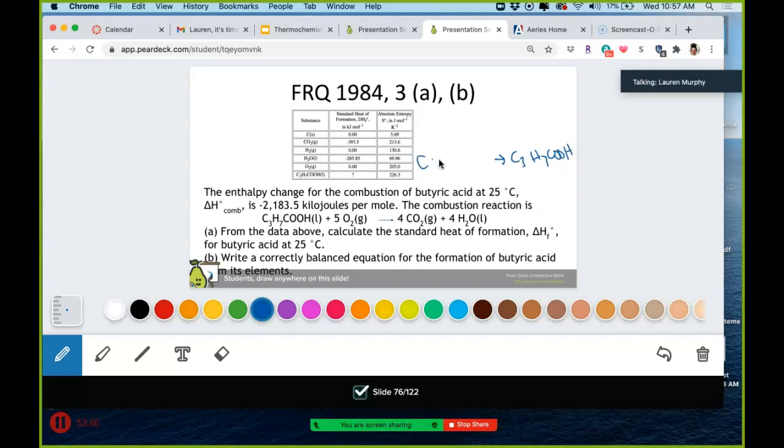So we've got carbon involved. Hydrogen's a diatomic, right? And so we have to write H2. Sorry, that kind of looks funny. And oxygen's a diatomic, so we have to write O2.